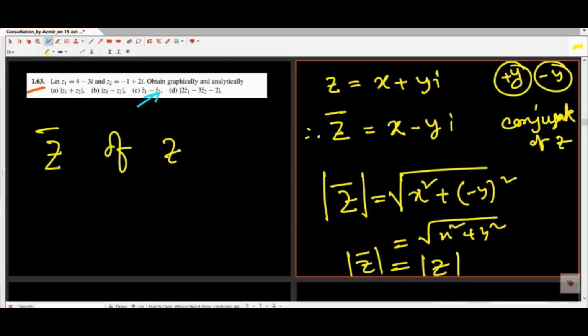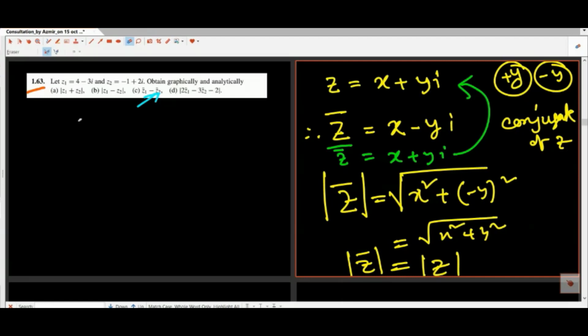That means the modulus of the main complex number is equal to the modulus of the conjugate. Similarly, we can draw another conclusion. If we have z bar and we need to find z bar, that is, it will be x plus yi. We will get the same thing. So you will get to know everything if you have a lot of practice.